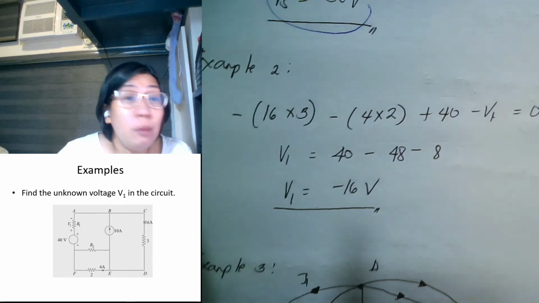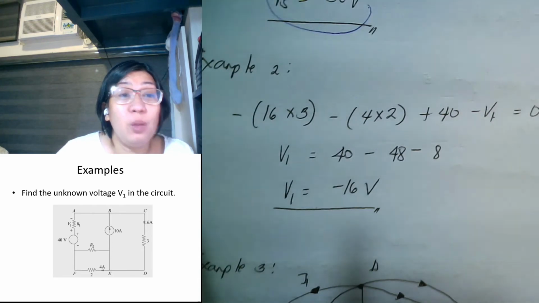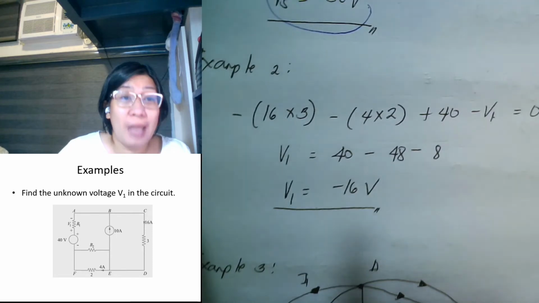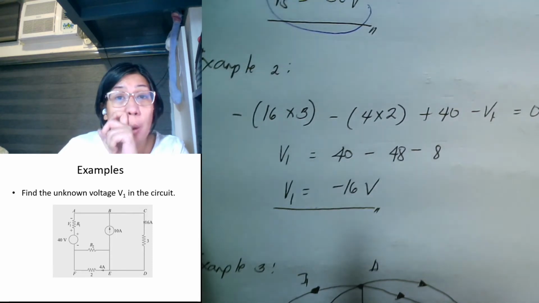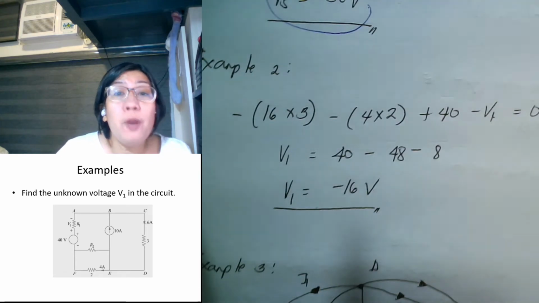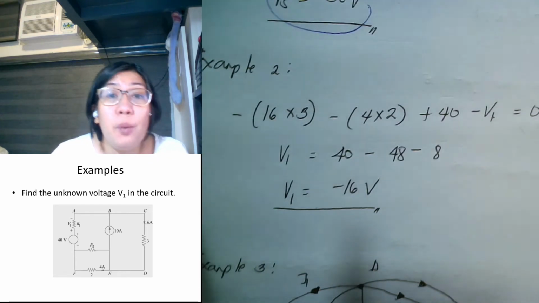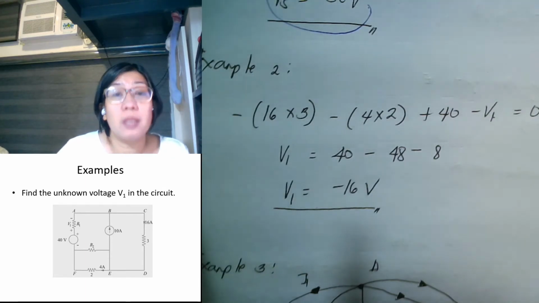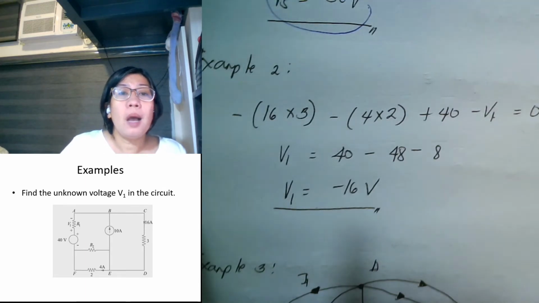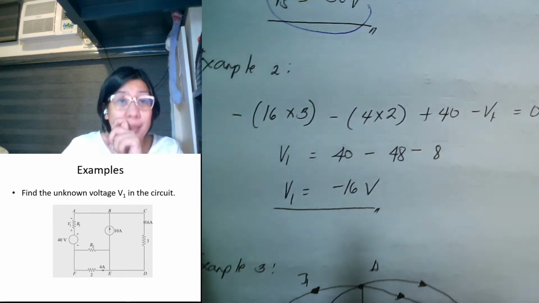So we can go directly to V1, no need to solve for the I. So that is minus V1. Solving for V1, let us place V1 at the other side of the equation. That will give us 40 minus this is 48, minus this is 8, and that will give us negative 16.